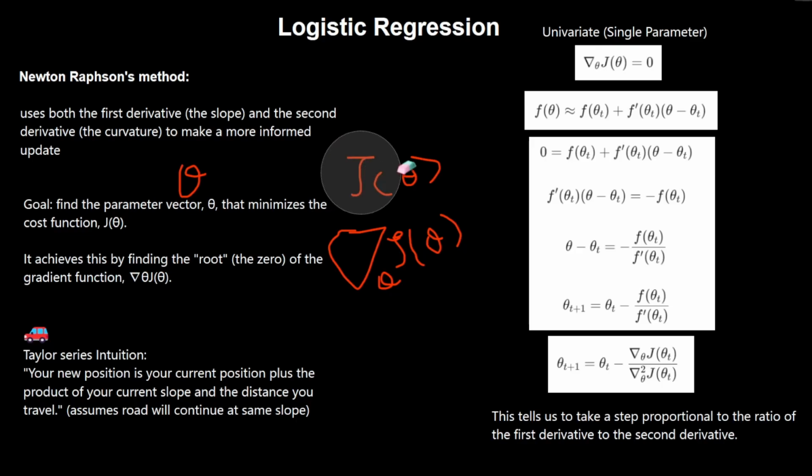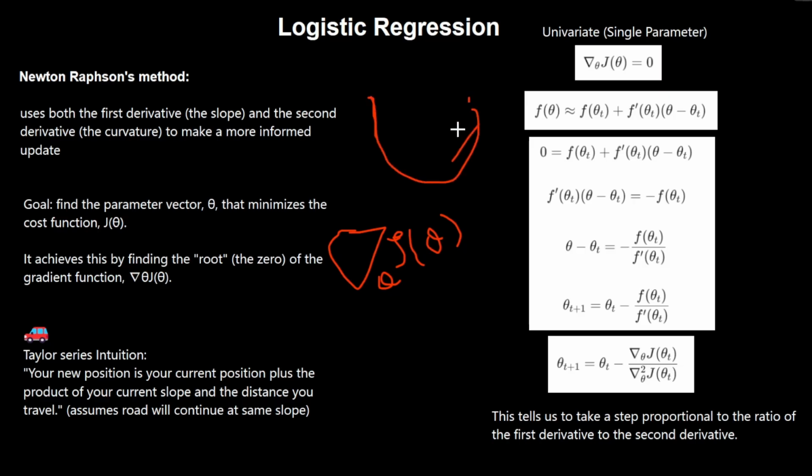So how can we do that? Recall, what does the gradient tell us about? The gradient tells us about the slope of the function. At the optimal point where we have the global minima, the slope is 0.